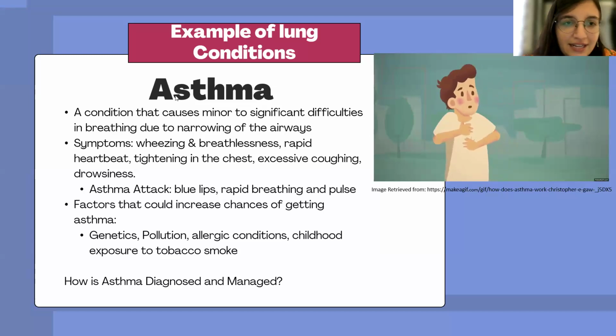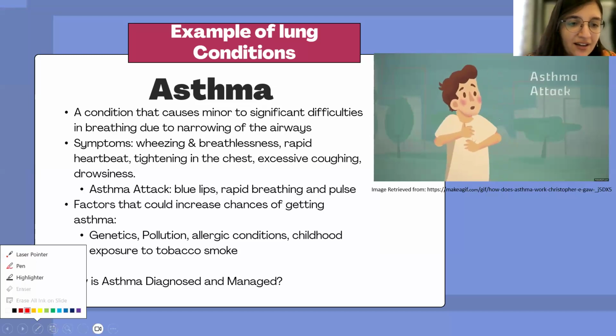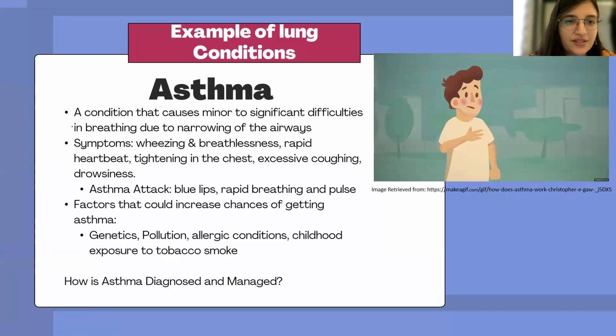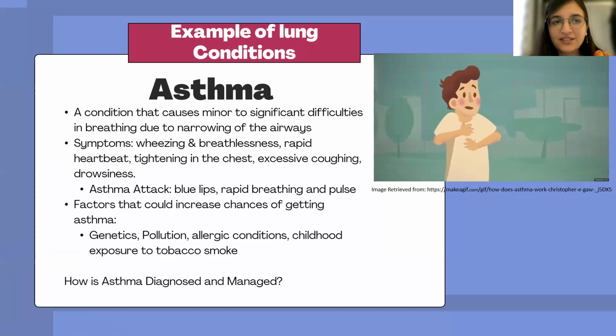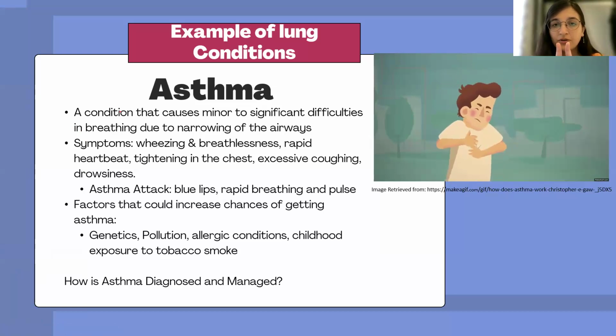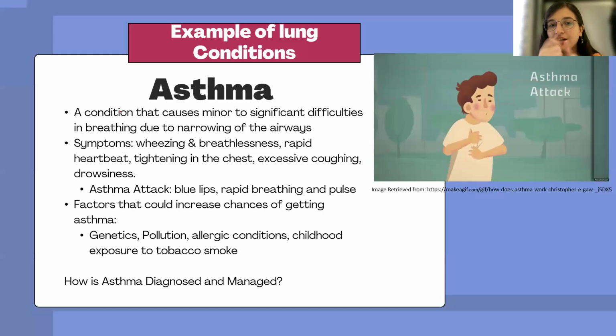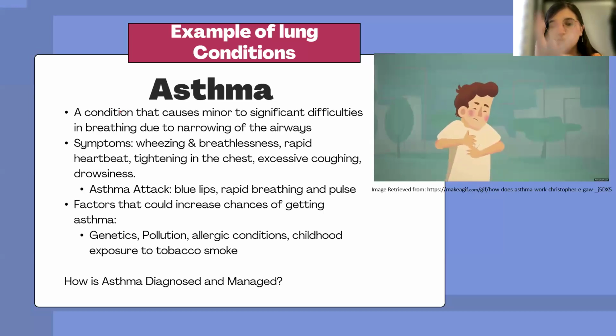Let's look at it one by one so that you all don't get confused. It is a condition that causes minor to significant difficulties in breathing due to narrowing of the airways. The airways of asthma patients become narrow, become thin. So it's not easy for lots of oxygen and carbon dioxide to go in and come out.